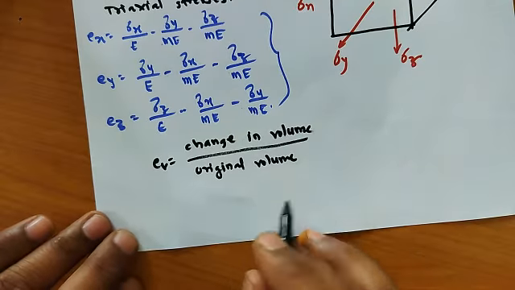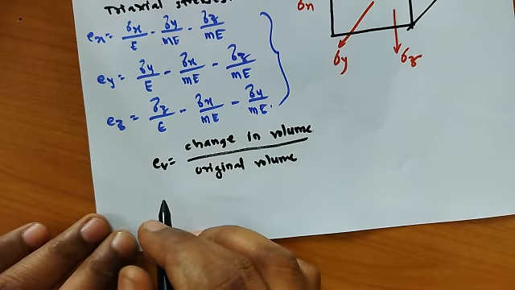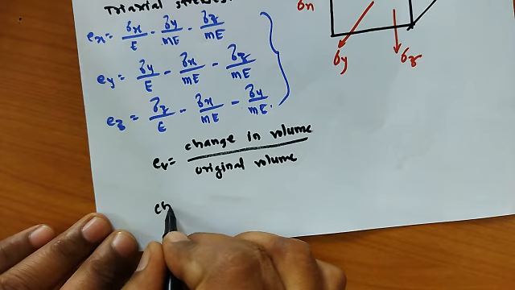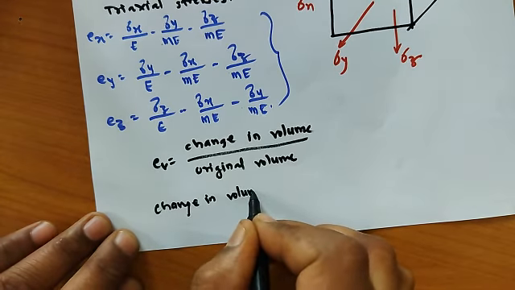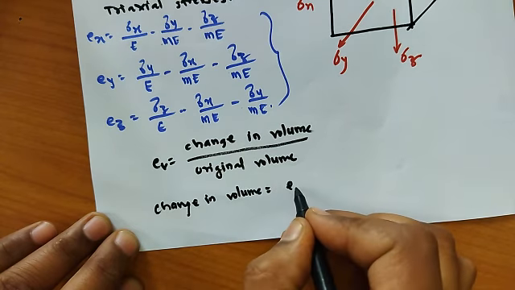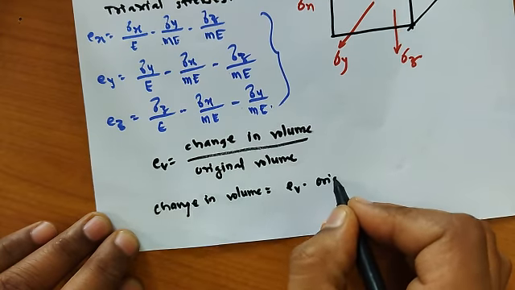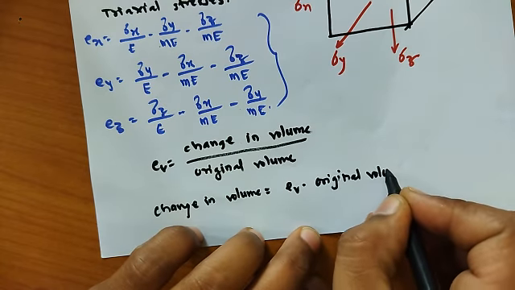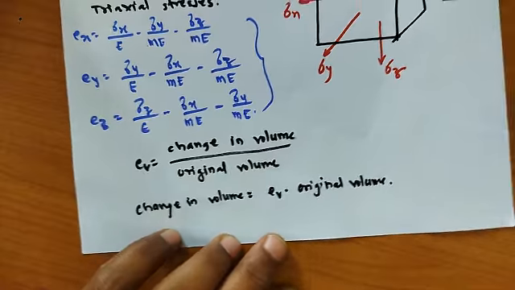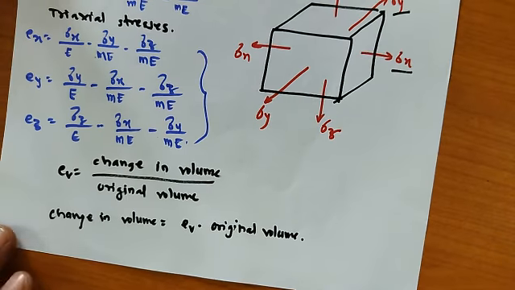So we can find the change in volume as EV multiplied with the original volume. Okay, thank you.